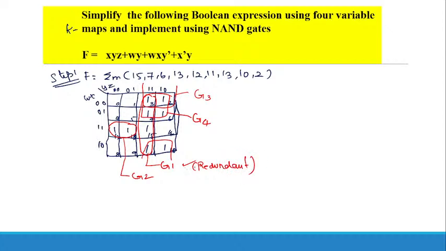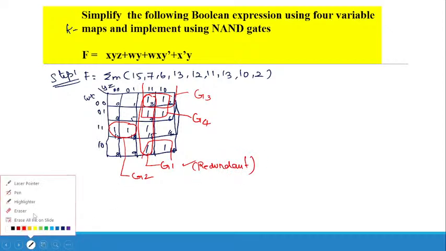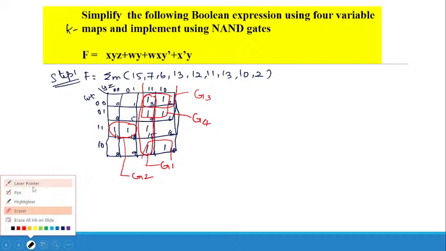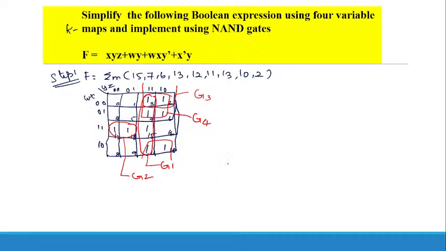Whereas in this problem, it is not like that. It is a necessary group. So we can't mark it as a redundant. Suppose if all the cells are marked by all the groups, then you can remove that group G1. Okay. So now I have grouped it.